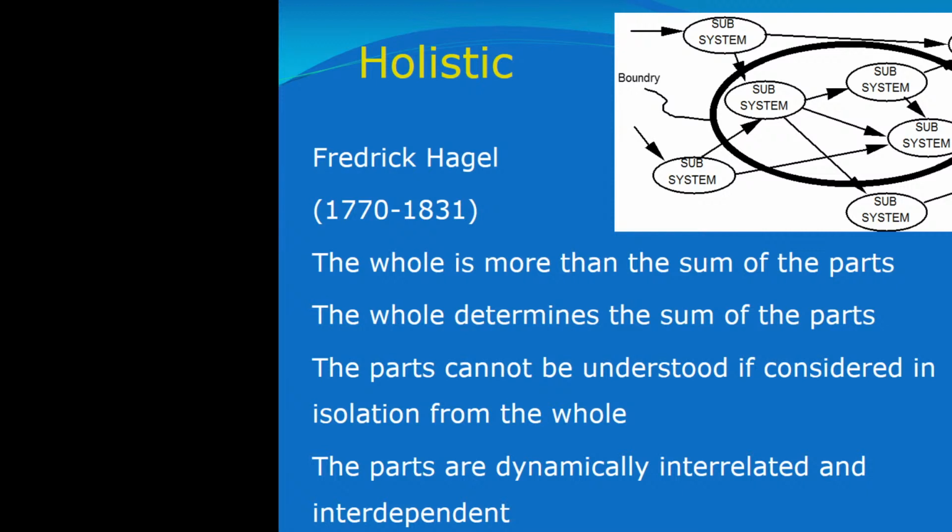The whole determines the sum of the parts. The parts cannot be understood if considered in isolation from the whole. The parts are dynamically interrelated and interdependent. So at this slide you see some subsystems. If we combine all the subsystems together, we get one suprasystem or super system.